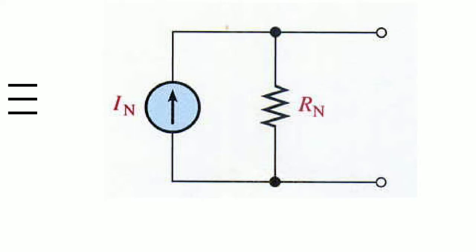This current is called Norton's current, and the resistance is called Norton's resistance. This current source and Norton's resistance both are in parallel.